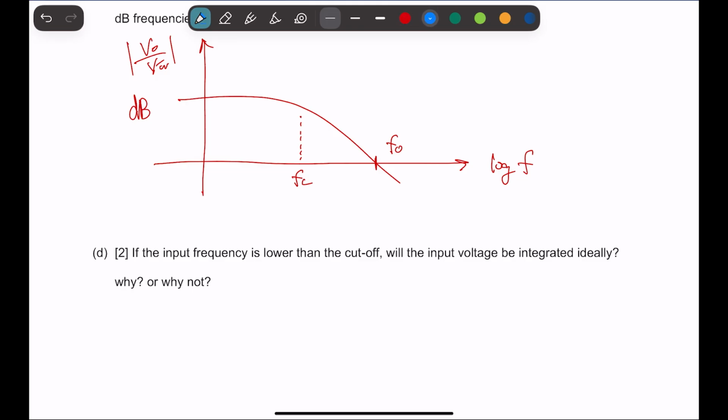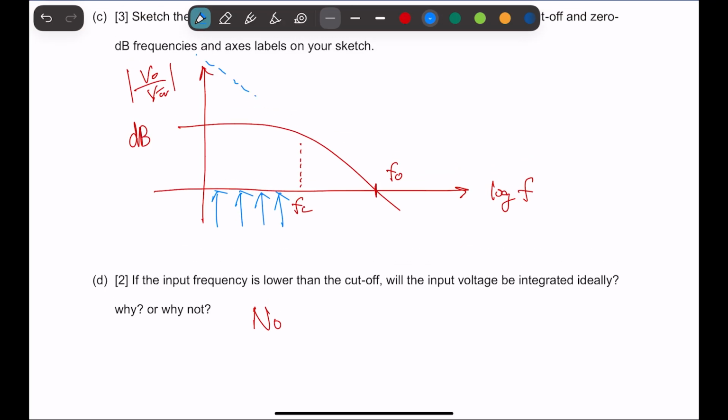And if my input frequency was in this range, lower than the cutoff, then it's not going to be integrated ideally. If you remember, the Bode plot of the ideal integrator circuit was looking like that.